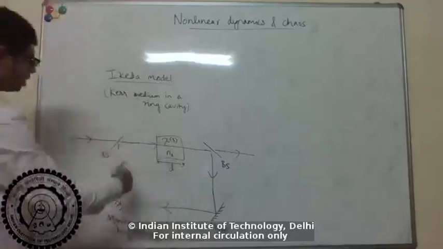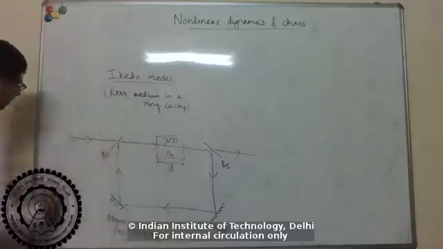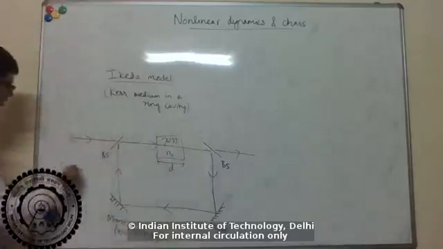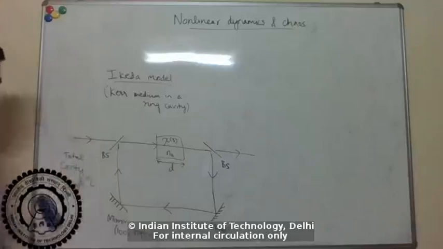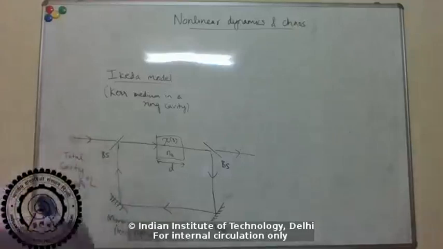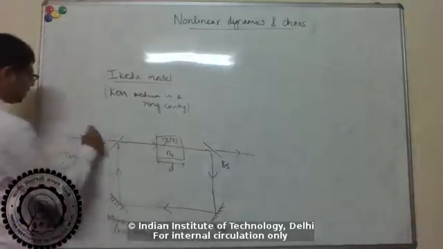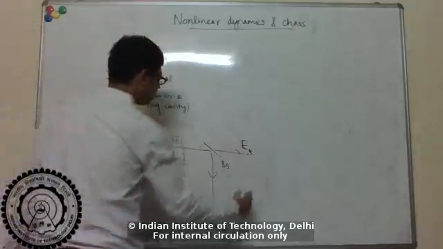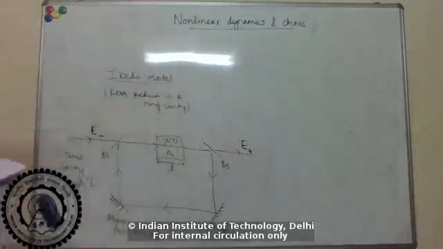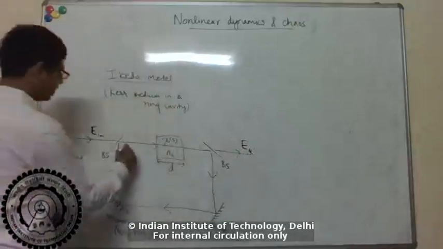And let's say the total length of the cavity is some L. Again I have some input field E in and transmitted field ET, and then some field inside the cavity EC.